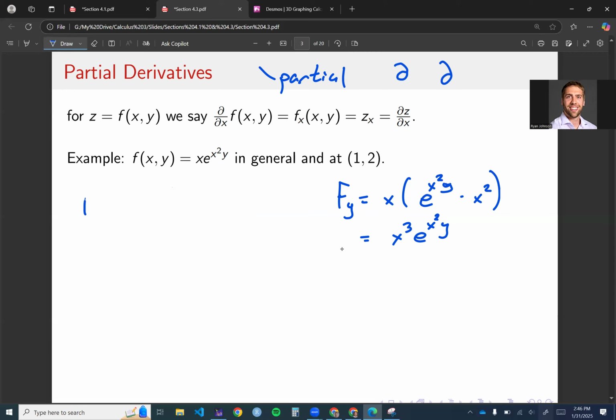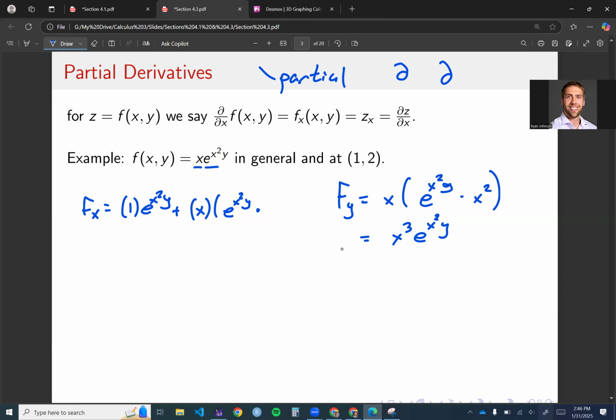So f_x equals, I'm going to do the chain rule on the first term. The derivative of x is 1 times e to the x squared y. And then I'm going to do x times e to the x squared y, and then chain rule, multiply by the derivative of the inside with respect to x.